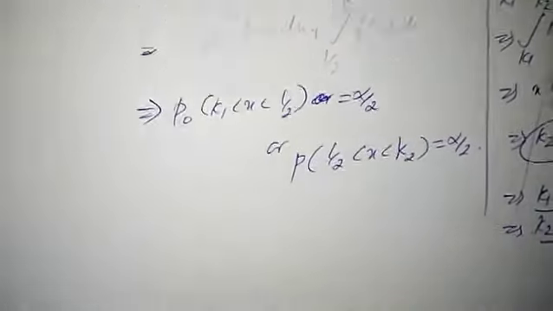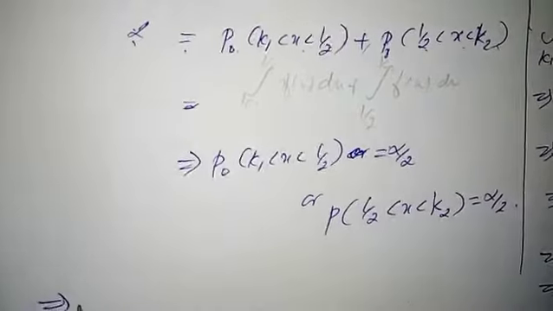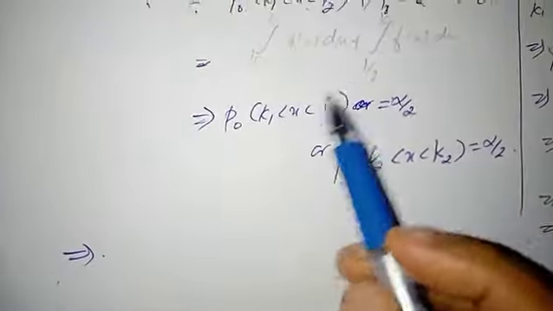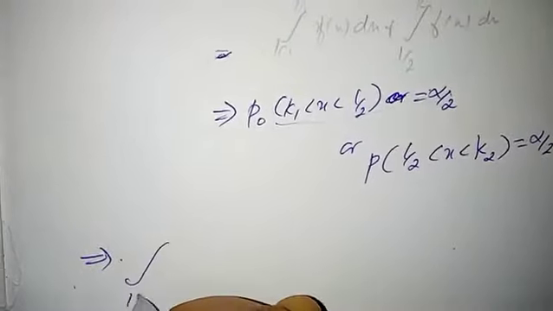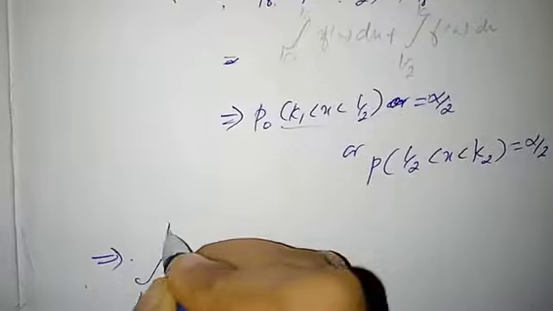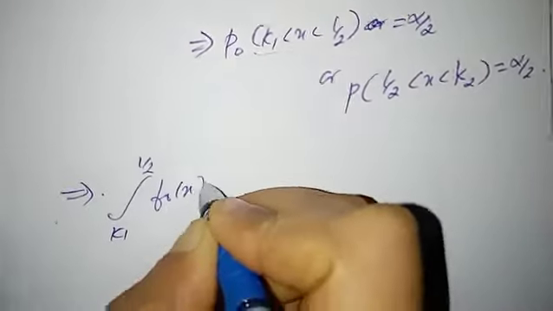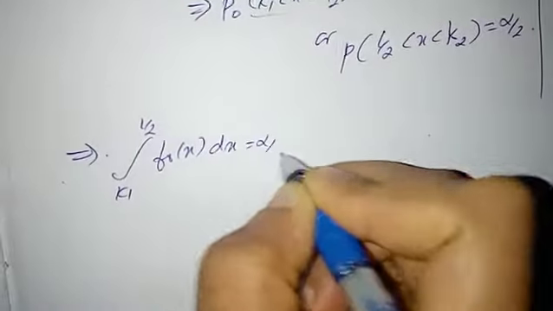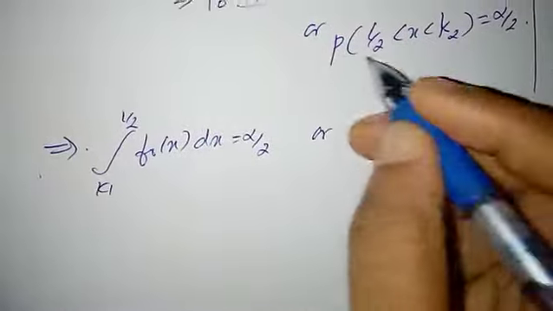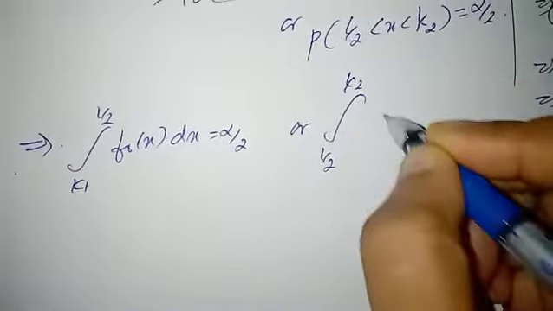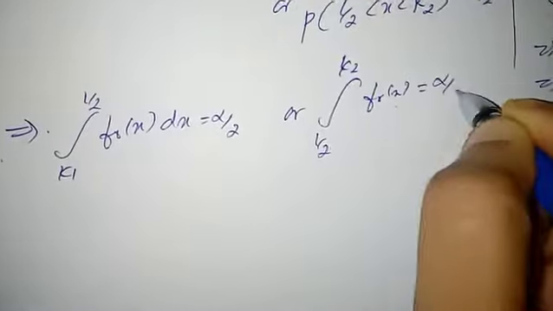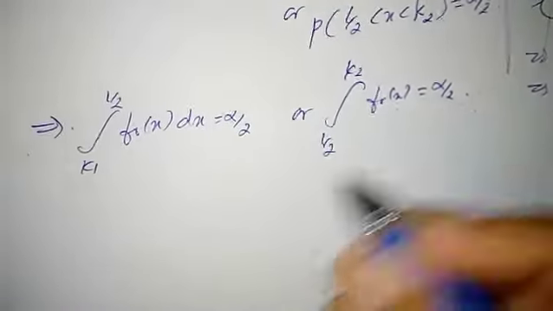Then we will solve that, first taking this term only: integral over k1 to 1 by 2 f naught of x dx equal to alpha by 2, and integral over 1 by 2 to k2 f naught of x dx equal to alpha by 2, right?